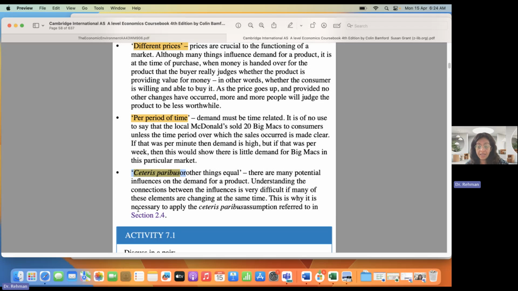If we talk about an addictive product like cigarettes, even if the price increases, you know what? It's addictive. People still buy it. So the demand remains constant. So the law of demand fails. Okay. So when there is this word called ceteris paribus, that means everything else remains constant.